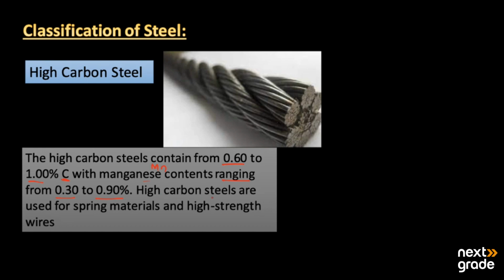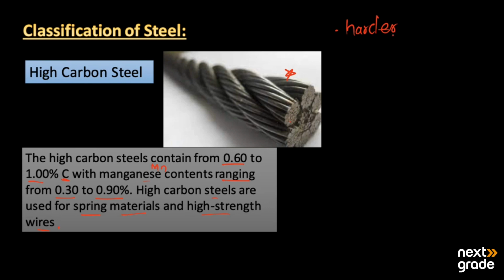High carbon steel is also used for spring materials and high strength wires. This picture shows work that is very heavy, where we use wires made of high carbon steel. High carbon steel is much harder compared to the other types of steel, the mild and the medium carbon steel.